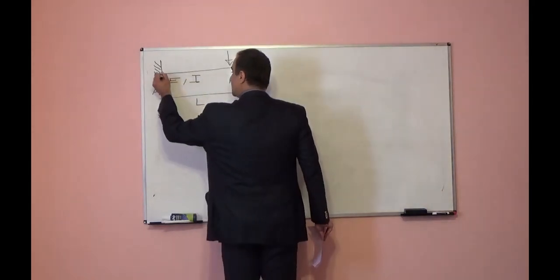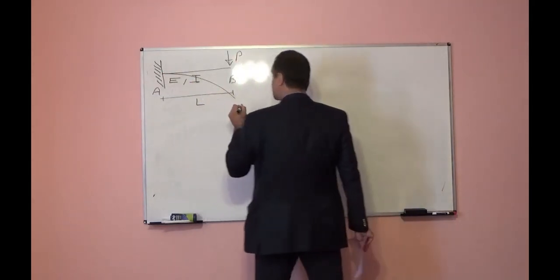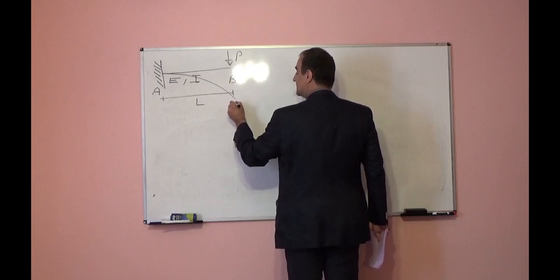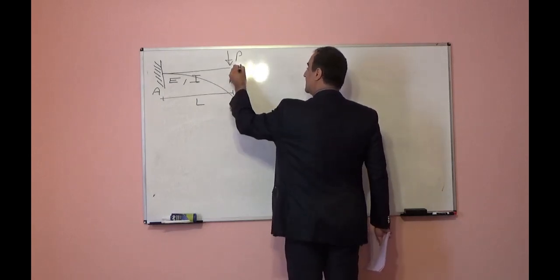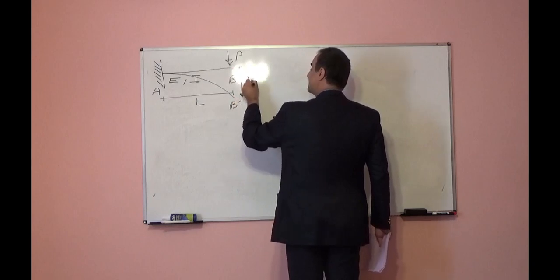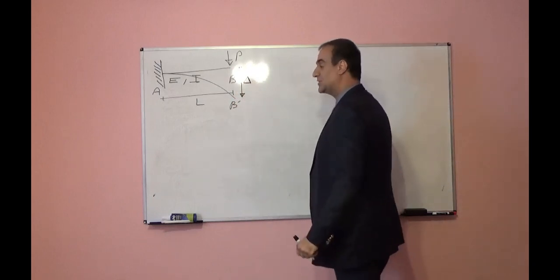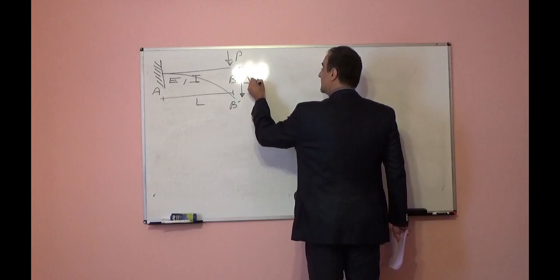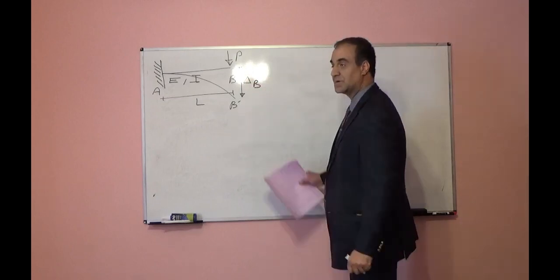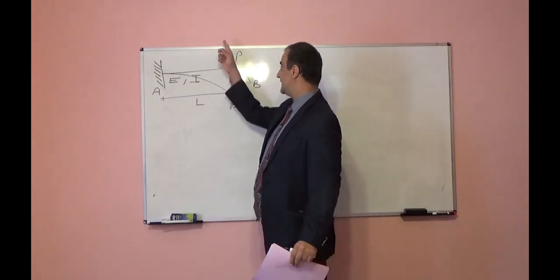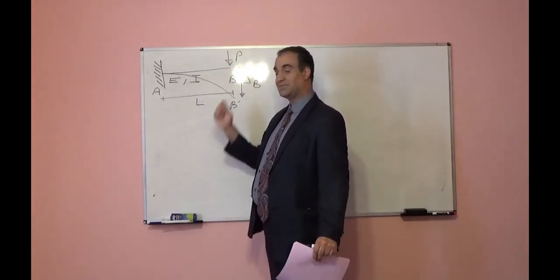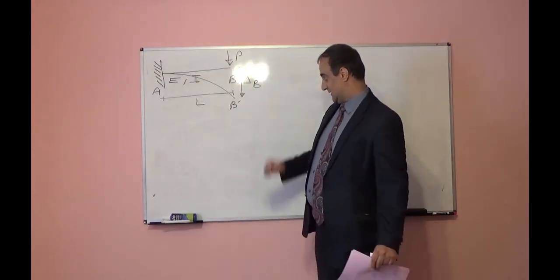We will have deflection or deformation, and point B will move to point B prime, and here we will have maximum deflection, which I show with delta B. This is our real system. So we have a real beam, we apply force, we have deflection. We want to find this delta B.